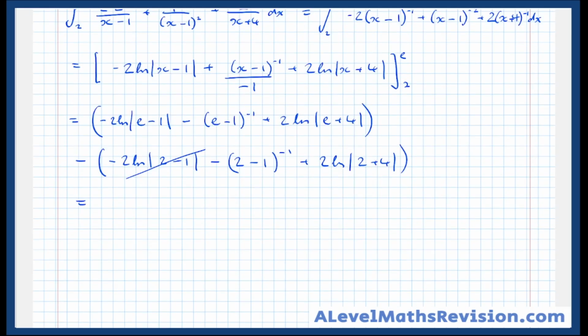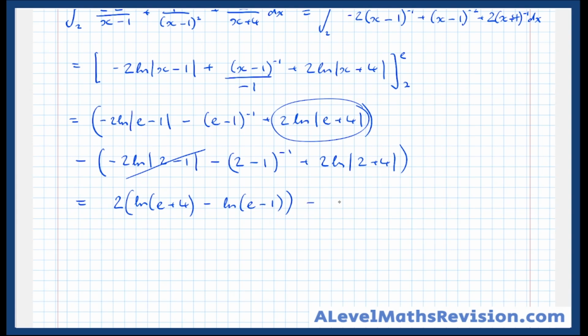Which is then equal to, and let's simplify this. So I'm looking at these two terms here, that one and that one. I'm going to take out a factor of 2. So equals 2. So I'll write that one first. Log of e plus 4. And notice I've got rid of the modulus signs. That's because I know e plus 4 is already positive. Take log of, and again, e minus 1 is also positive. So I've taken out the factor of 2 there.